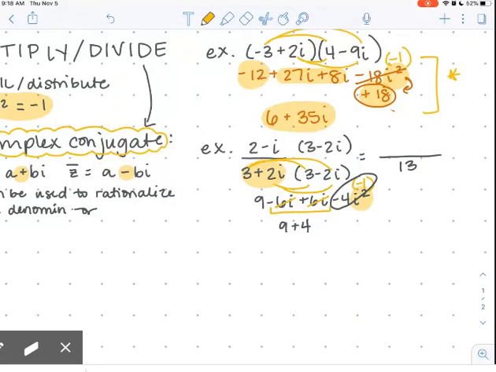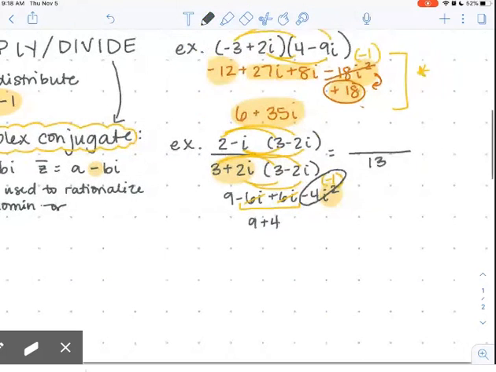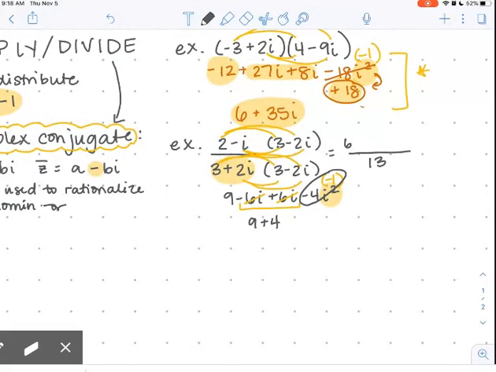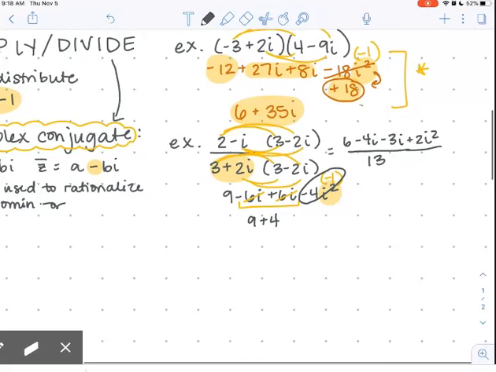And then I'm going to distribute on top as well. So 2 times 3 is 6. 2 times negative 2i is negative 4i. Negative i times 3 is negative 3i. And negative i times negative 2i is a positive 2i squared. So in this case, the i terms don't cancel each other out, which is fine because we're in the numerator.